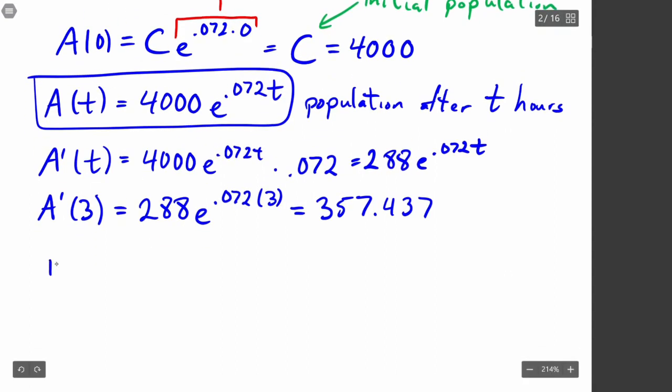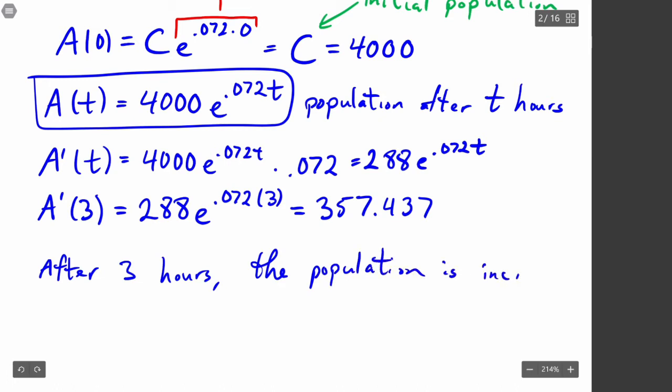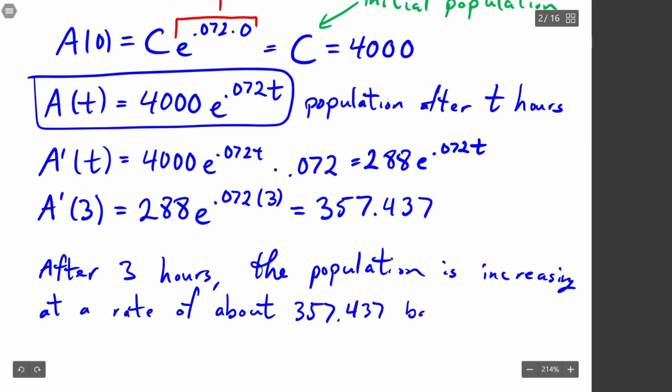Well, it tells us that after 3 hours, the population is increasing at a rate of about 357.437 bacteria per hour.